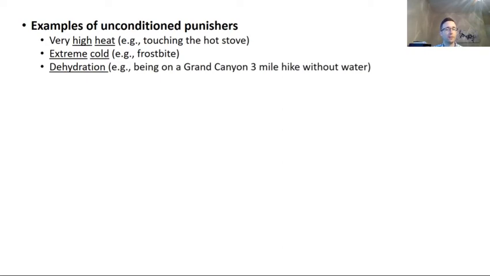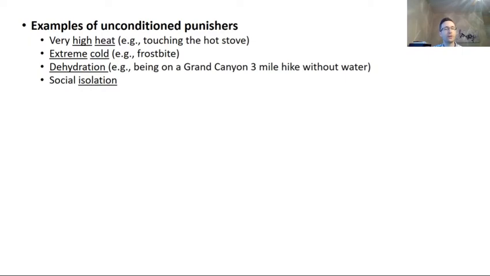Dehydration. A behavior that might result in dehydration, an unconditioned punisher, could be going on a 3-mile hike in the Grand Canyon without water. Right, so going on the hike without water could be punished by the automatic, unconditioned punisher of dehydration. Social isolation.